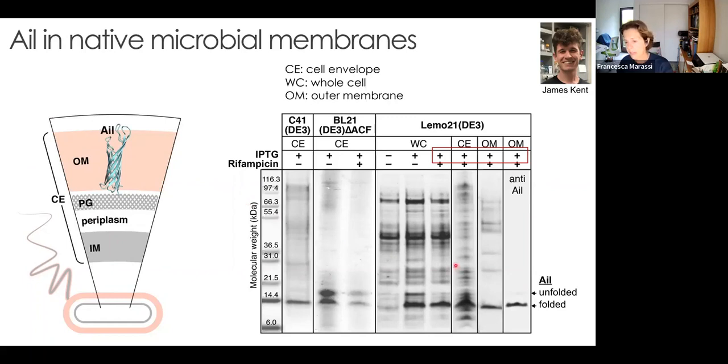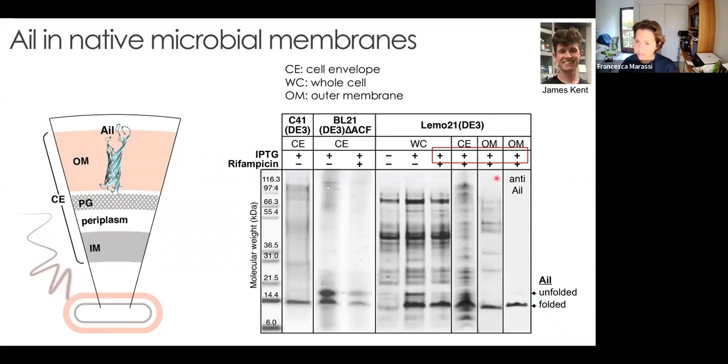We can isolate these components and show that AIL adopts a folded conformation in both of them. These beta barrel proteins have this useful property of migrating differently on SDS-PAGE depending on whether they're folded or not.